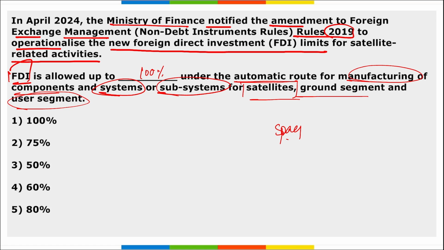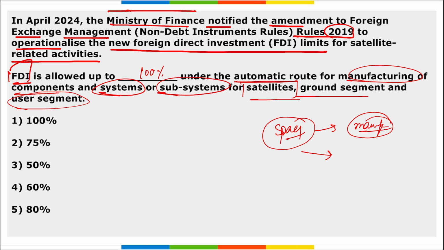Remember, for the space sector, to set up manufacturing of various components, to develop satellites and subsystem technology, 100% FDI has been allowed by the government of India. If the ministry is asked, it is the Ministry of Finance that has amended the rules to allow 100% FDI in the space sector. So the right option is option 1.